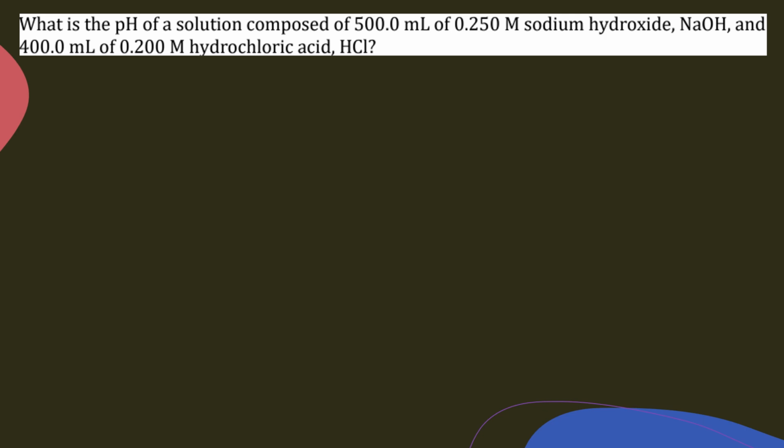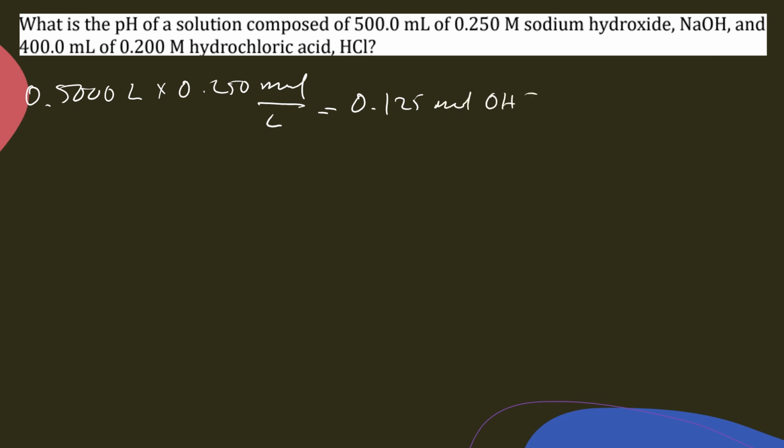Next step is being able to tell, is there an equal number of moles? So 0.500 liters times 0.250 moles per liter gives us 0.125 moles of just the hydroxide group, because I don't care about the sodium.